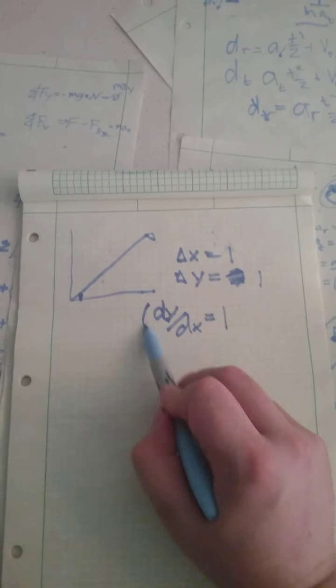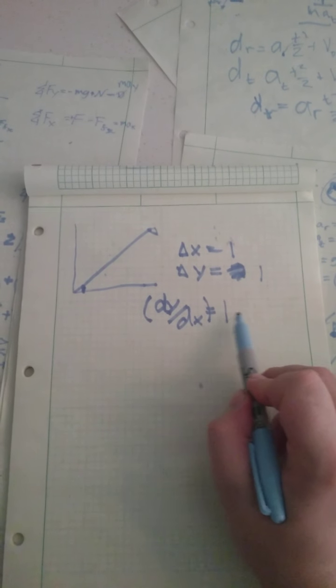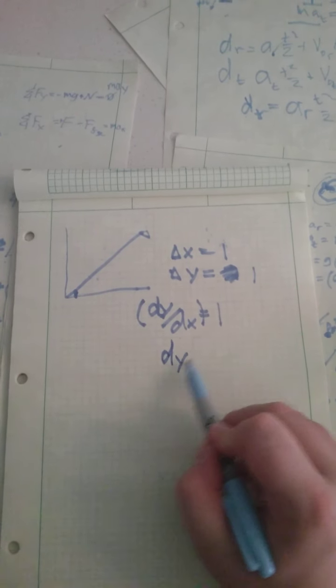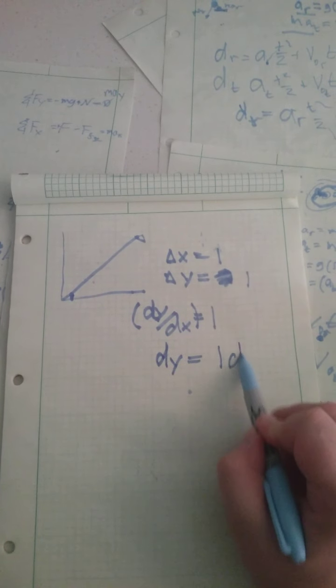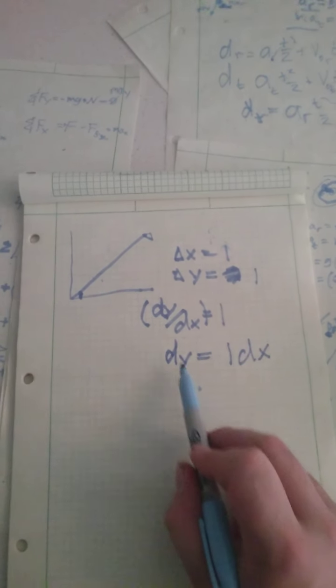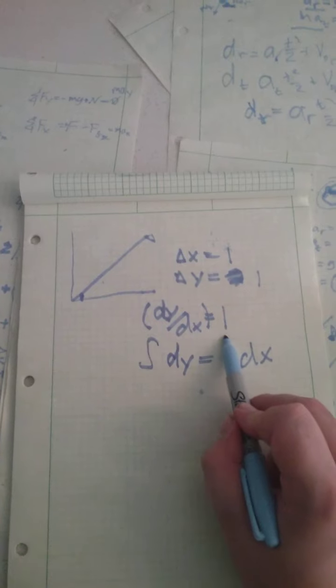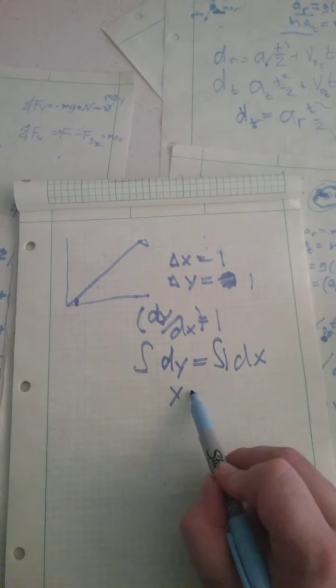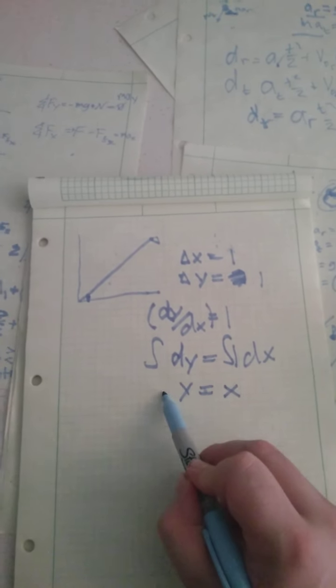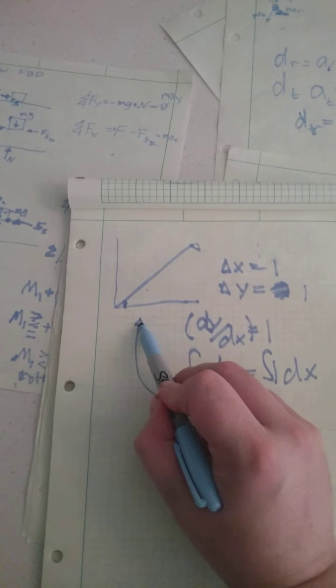That's what we say. If you multiply this dx onto the other side, you have dy equals 1 dx. And if you apply an integral, you get y equals x, which is the line that you see up here.